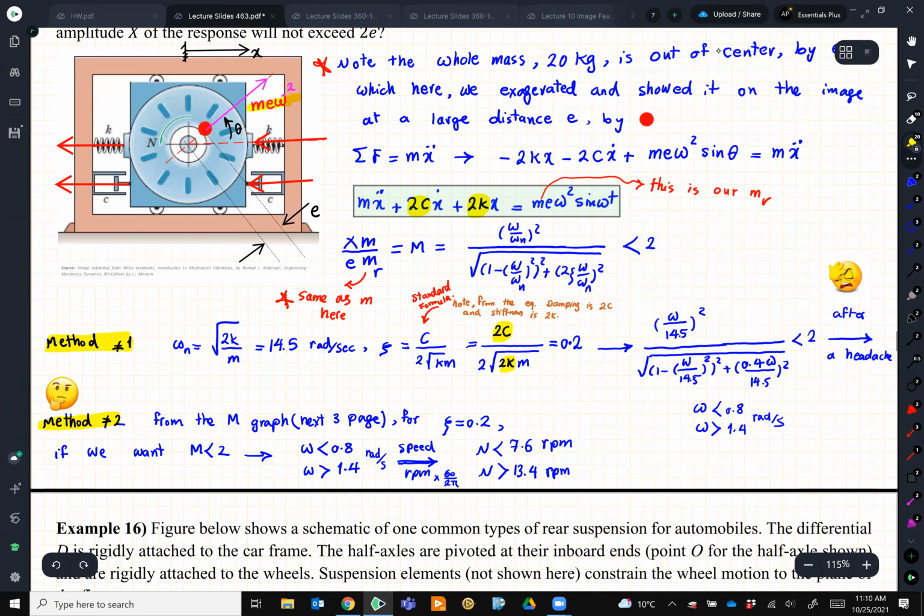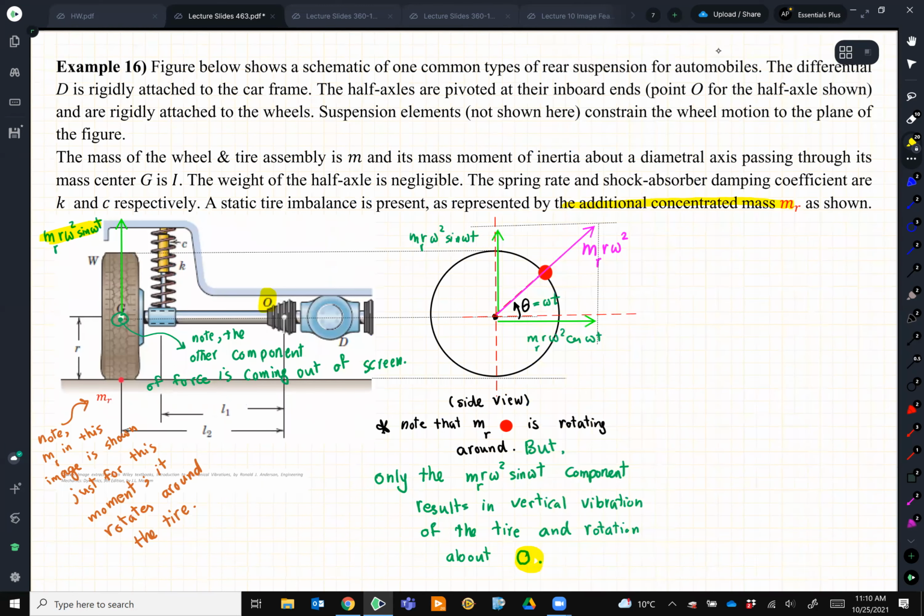In example 16, we are dealing with a car with an unbalanced mass on the tire, or maybe in practice more on the wheel, but in this example we assume this unbalanced mass m r is on the tire. If I look at the side view, this m r, as I highlighted over here, rotates as the tire rotates, right? So you can visualize this mass is moving up and down because it rotates around the tire.